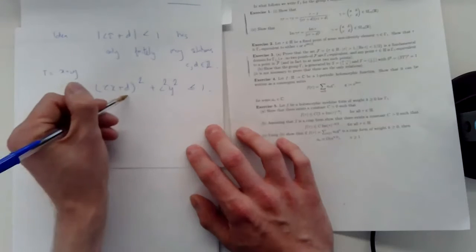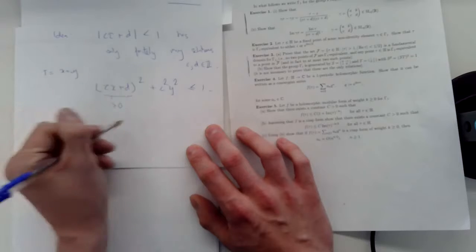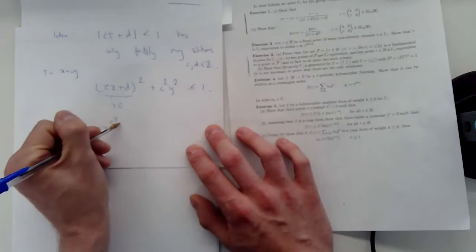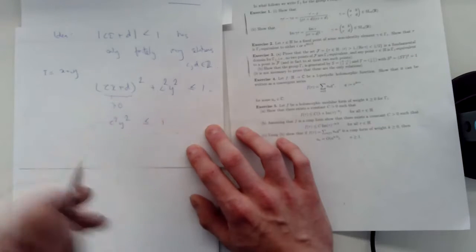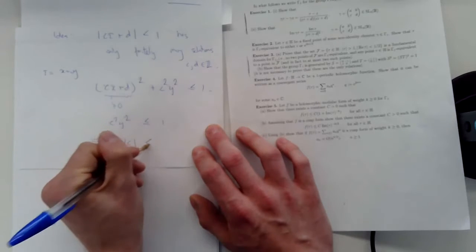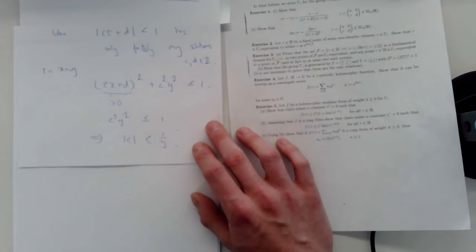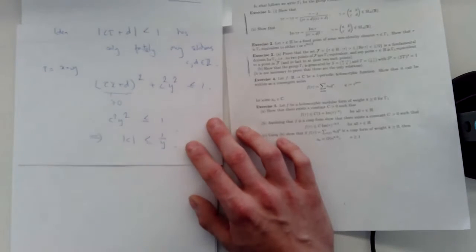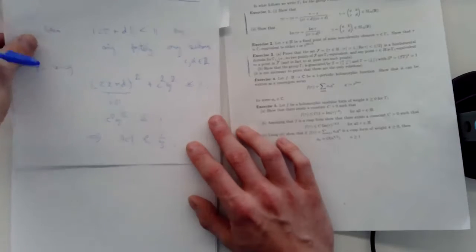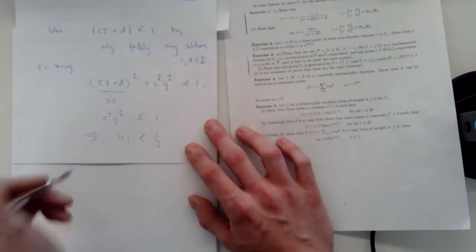But then just by doing a silly approximation, we would have that c squared y squared is less than 1, which implies the absolute value of c should be less than or equal to 1/y. And so for a fixed tau, this means there are finitely many choices for c that will land inside that circle. And then for each choice of c, you can plug back in and find there are only finitely many choices for d.